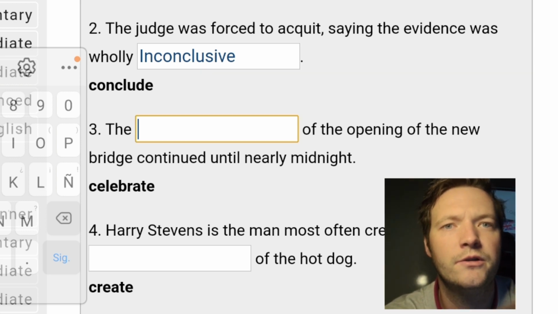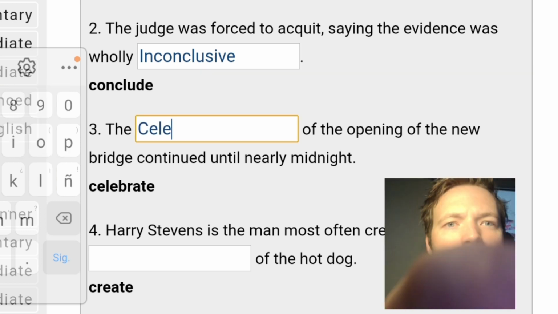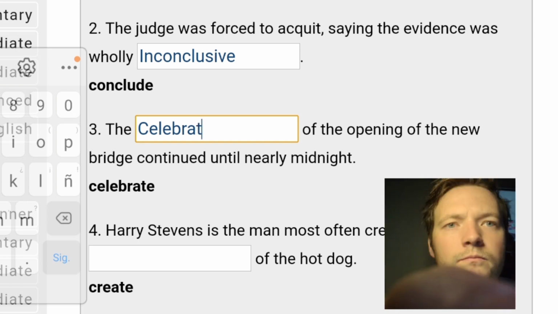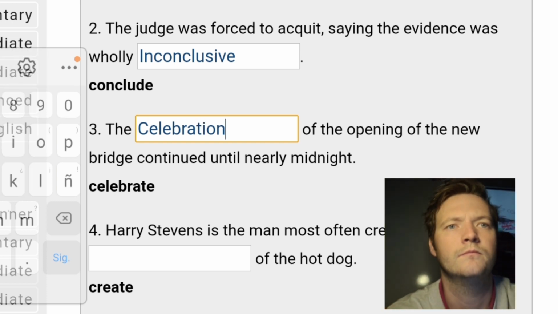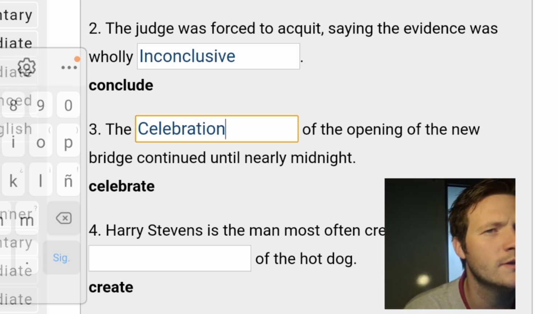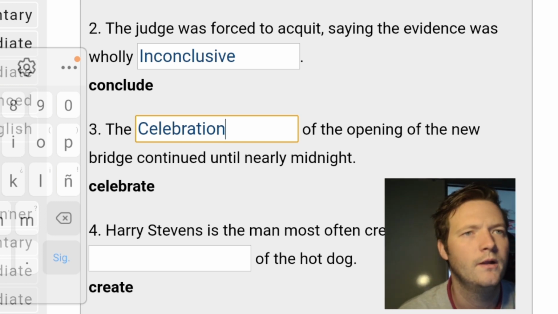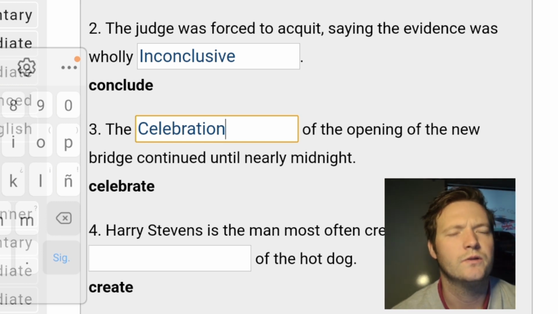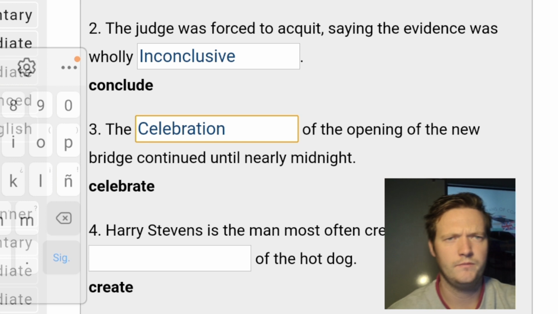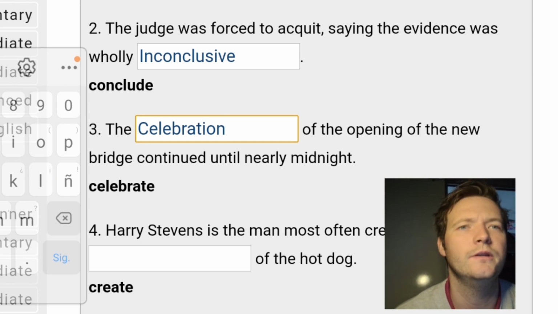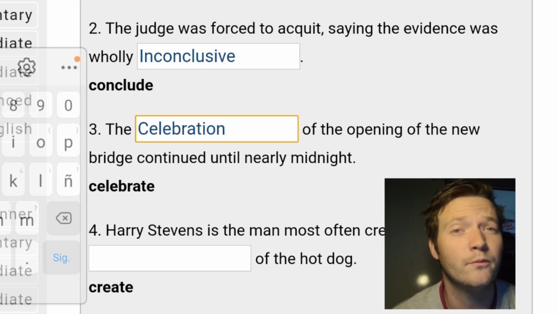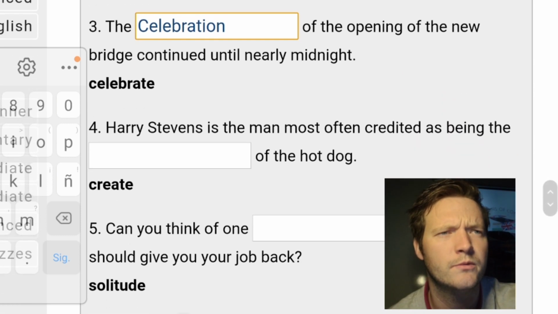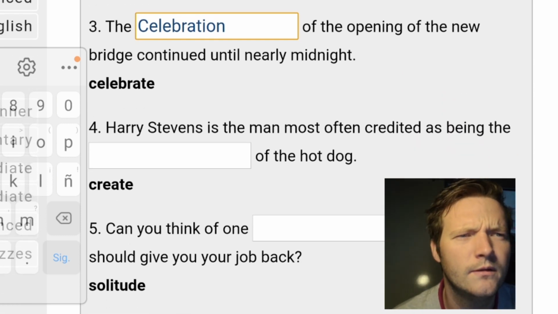I think it was just one celebration. Maybe they would accept celebrations there. I'm not sure. But I think it's just one localized celebration. They're celebrating a new bridge being opened. And why wouldn't you celebrate that? So long as there was social distancing.